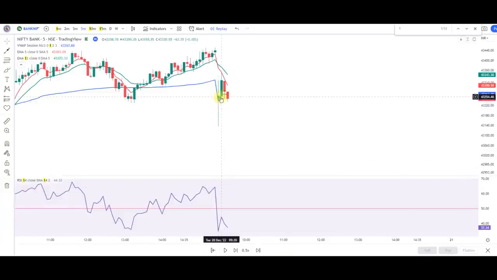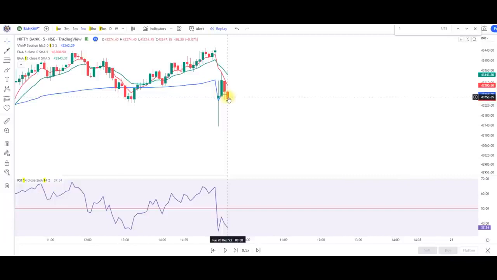If we see, the 9:15 candle gave a close above the VWAP, but we will not look for a long side. Why? Because RSI is below 50 and price is below the 5 and the 13 EMA.